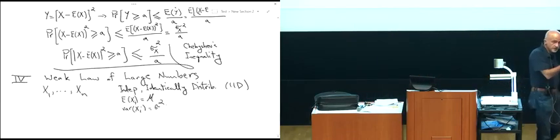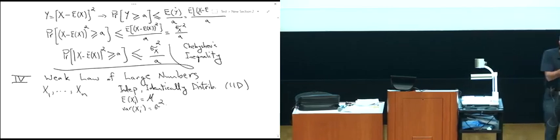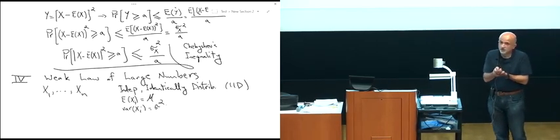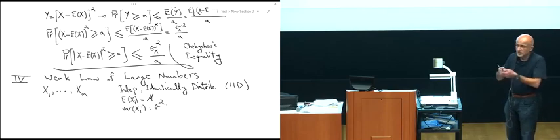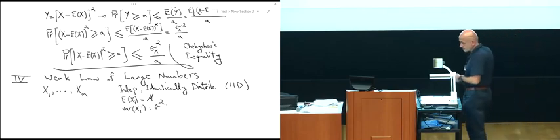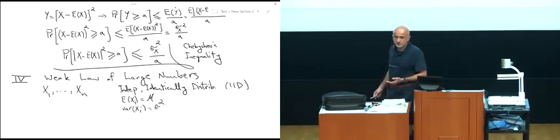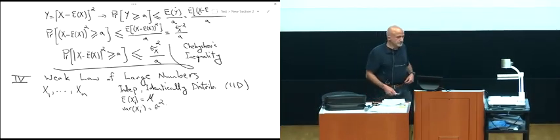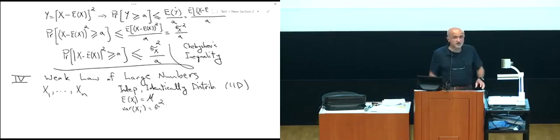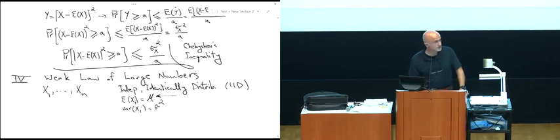I go to the ith person and I say, do you believe, in your opinion, should marijuana be legalized? He or she will say yes or no. If they say yes, I mark a 1. If they say no, I mark a 0. And then the fraction of the population that believes marijuana should be legalized would be mu.